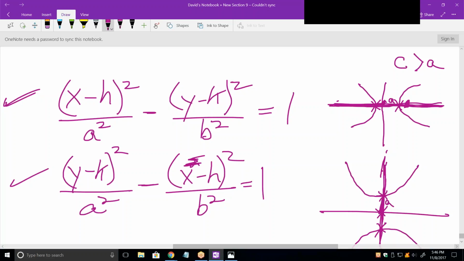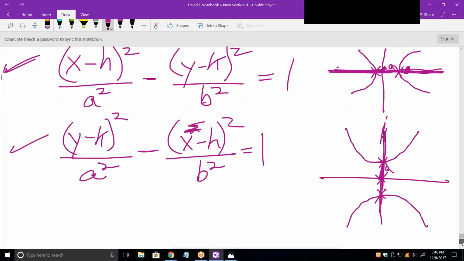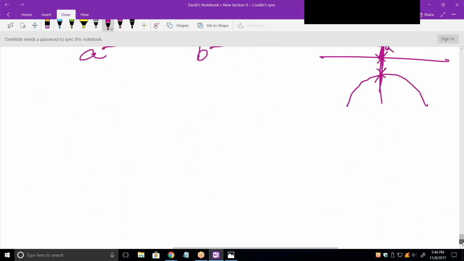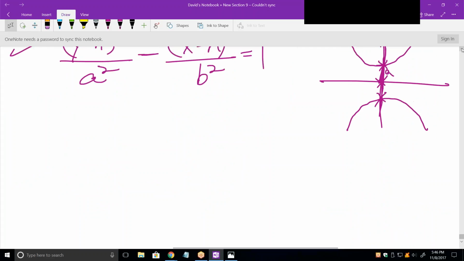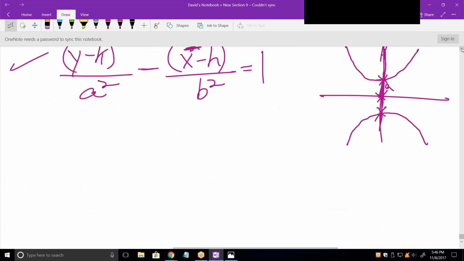Now let's talk about B. The way you construct a hyperbola is by starting with an imaginary box.